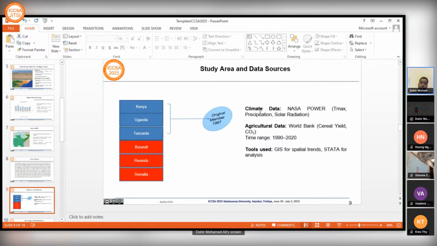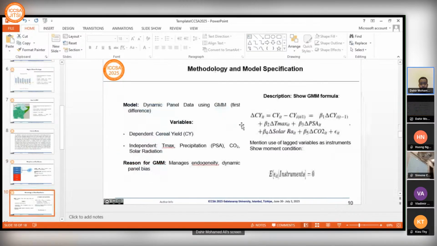The climate data we collect is from NASA POWER. We collect data on maximum temperature, precipitation, and solar radiation. The agricultural data we collect from the World Bank for cereal yield and carbon dioxide. The time series is from 1990 up to 2020. We use Stata and GIS to analyze this paper.